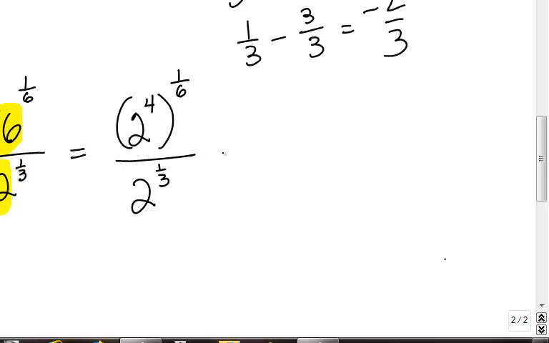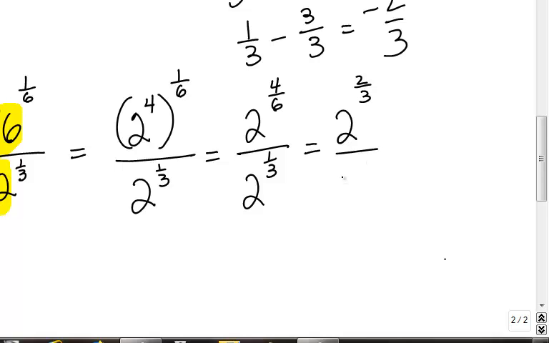When you raise a power to a power, what do you do with the exponents? Multiply them. So that is 2 to the 4/6 power. Reduce 4/6: 2 to the 2/3 divided by 2 to the 1/3.